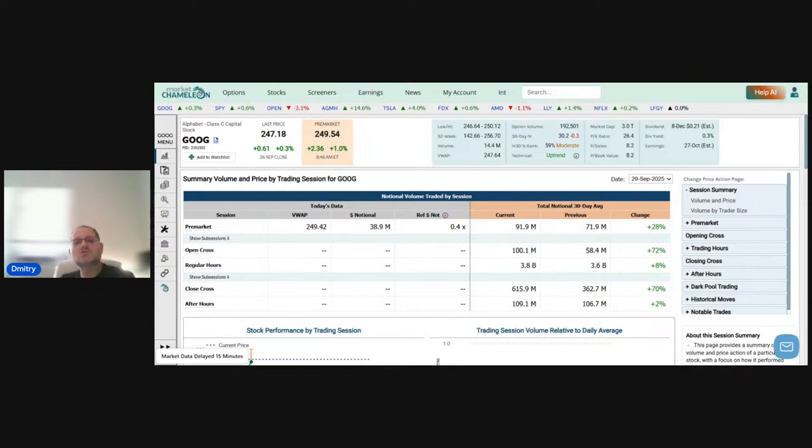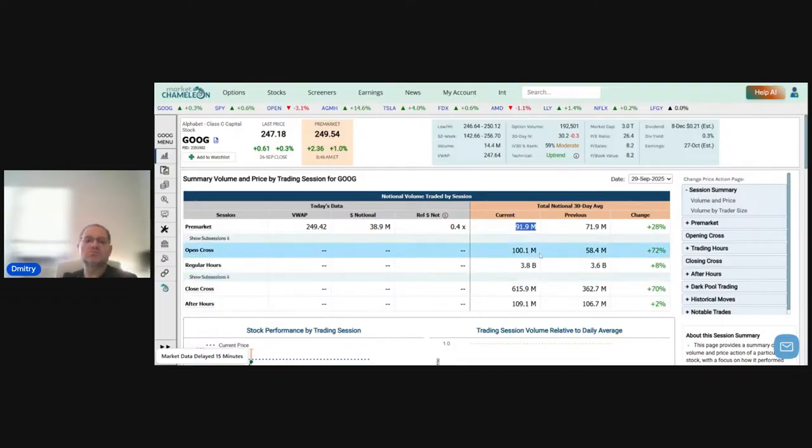So we converted to dollar value to see how much dollar value has flowed into the trading interest in that stock. In pre-market, about $92 million worth of stock traded on average per day.